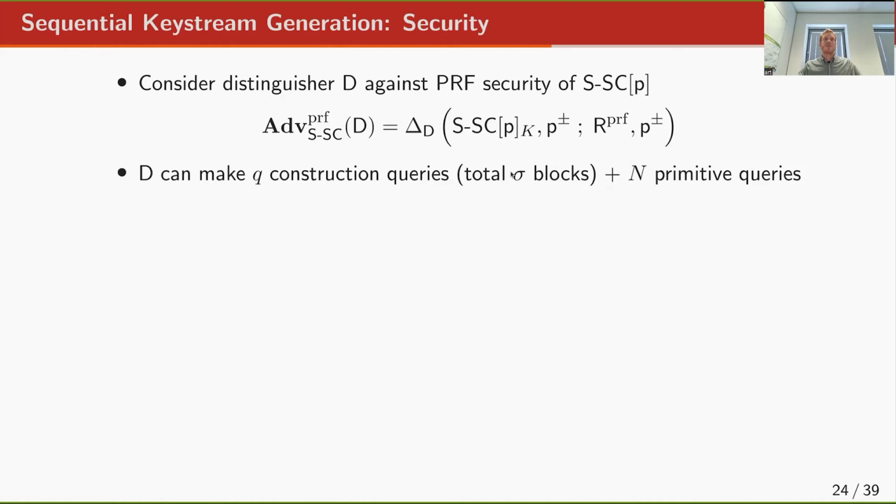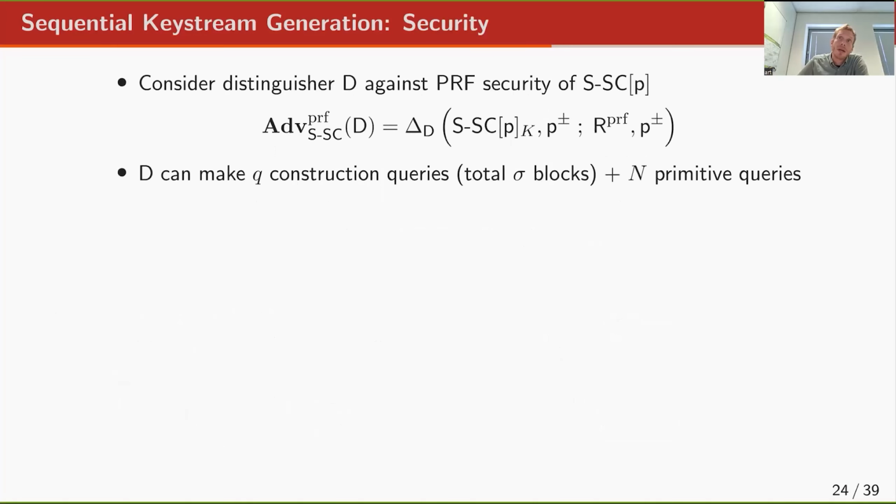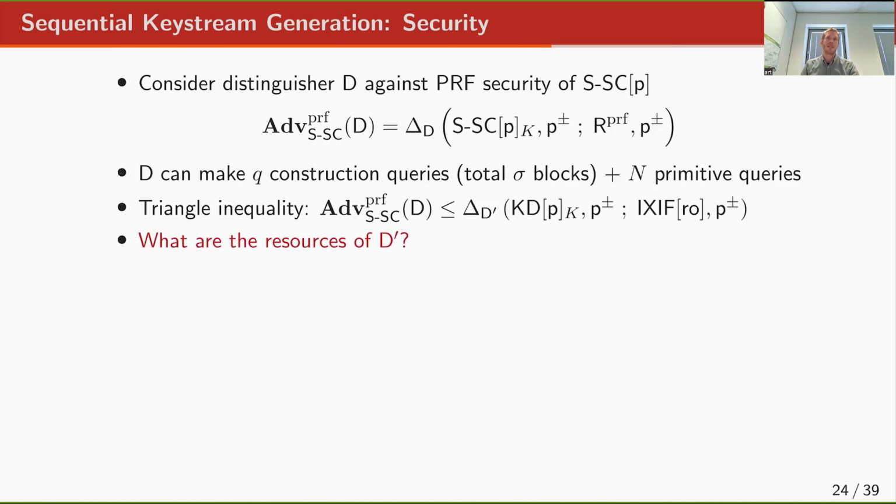The distinguisher can make Q queries in total of sigma blocks, where sigma means actually the number of duplexing calls, and N primitive queries. We have the same story, the triangle inequality, reduction of the PRF distinguisher D to the key duplex distinguisher D prime.